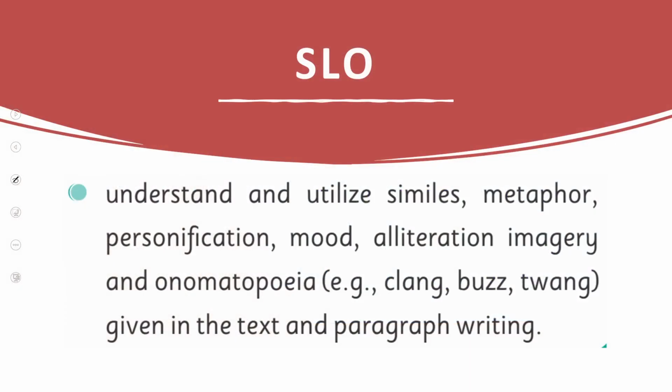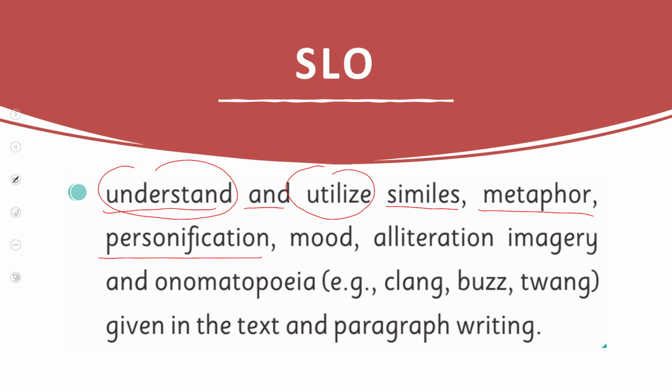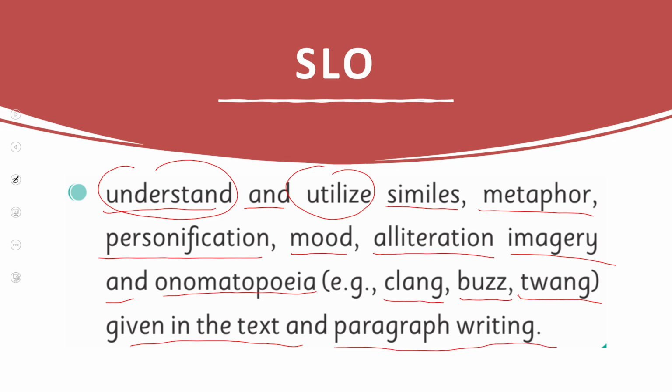So my dear learners, our SLO is understand and utilize similes, metaphor, personification, mood, alliteration, imagery, and onomatopoeia, for example, clang, buzz, twang, given in the text, and paragraph writing.